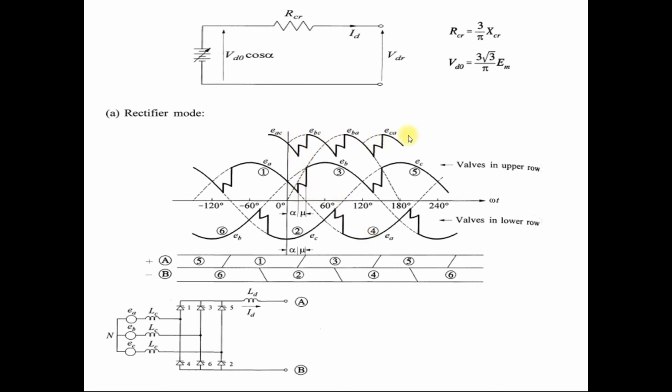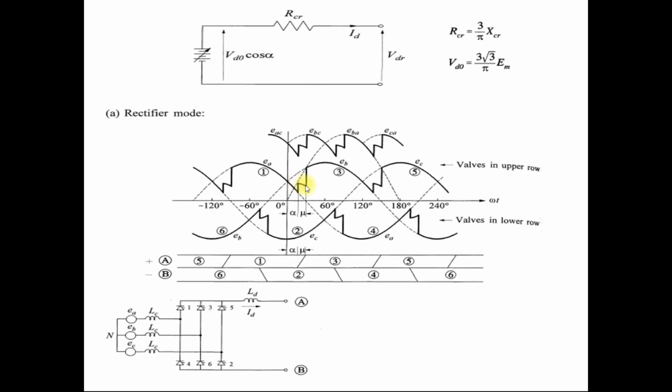And this one is the line to line voltages. You can see that from this point the phase B becomes most positive, but because of alpha, your alpha ends here, so at this point you provide the firing pulses to valve number 3. From this point valve number 3 starts conducting, and after that the commutation period starts between these 2 points.